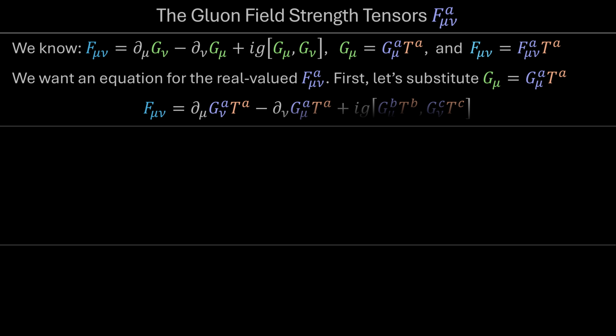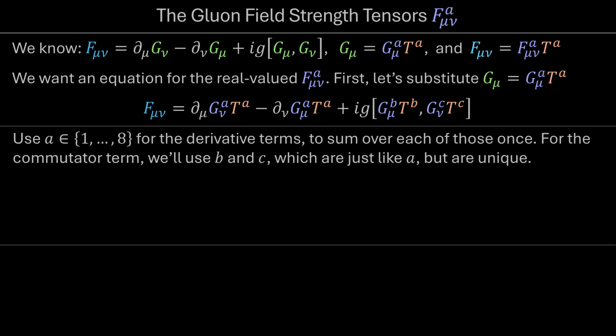Well, first, let's take the definition of the SU3 matrix-valued F mu nu and substitute into the SU3 matrix-valued gauge field the sum over the gluon fields, each one times an SU3 generator. See, all we're doing here is writing the matrix gauge field as the sum over the 8 real-valued gauge fields. Now, when we do this, we have to be a little bit careful with the indices of the sum.